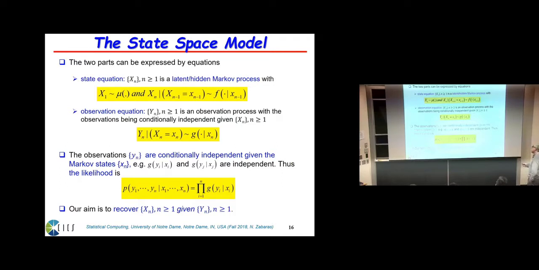When I write this like that, you notice yn depends only on xn. So if I want the probability of all the observables given all the states, conditionally all these y's are independent random variables, so I can write this probability as the product of all the g's the way that you see here.